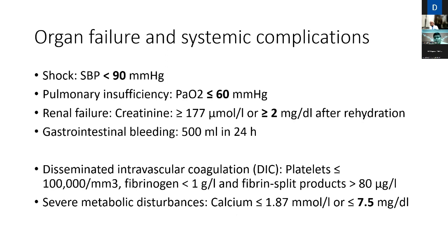Respiratory complications if PaO2 is less than 60, and renal failure if serum creatinine is more than 2 milligram per deciliter after rehydration, and GI bleed is 500 ml blood loss in the last 24 hours, and systemic complication in the form of disseminated intravascular coagulation, like platelet less than 1 lakh, fibrinogen less than 1, and fibrin degradation product more than 80. And severe metabolic disturbances like serum calcium less than 7.5 milligram per deciliter.